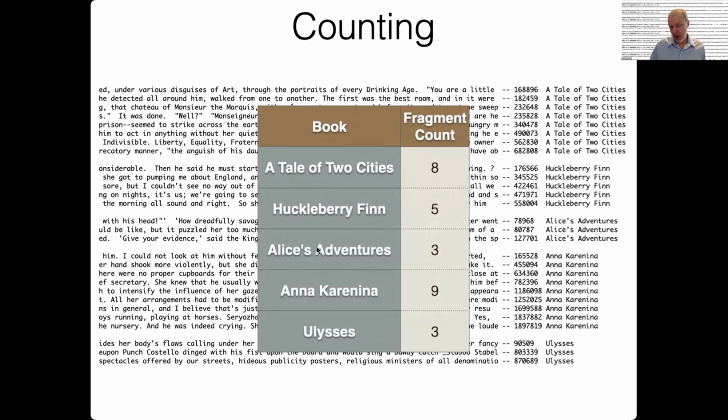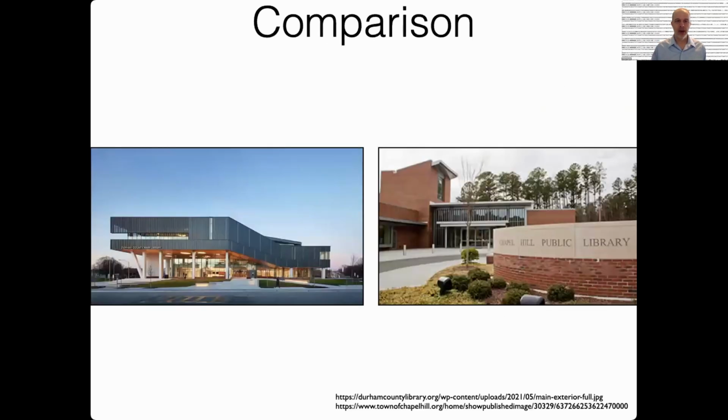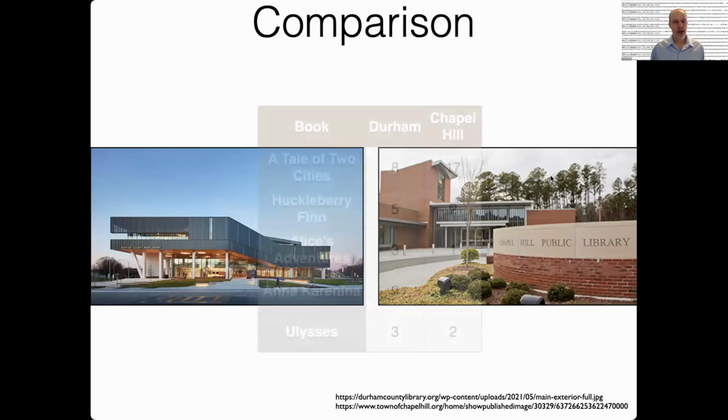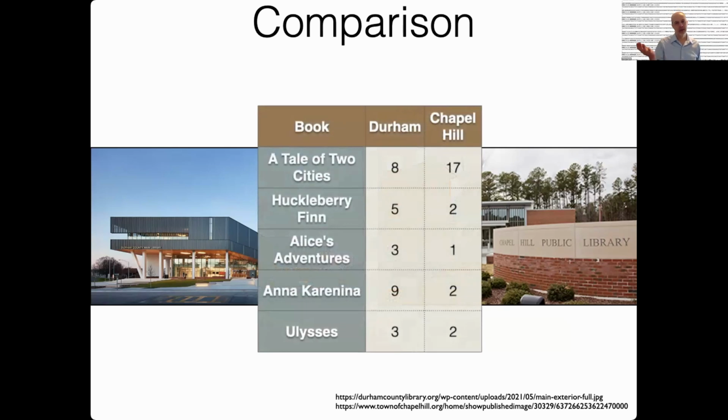So pretty much we're done, except I told you that we want to be able to compare between libraries, right? So really what I want is that table from the Durham Public Library and the Chapel Hill Public Library. And if I generate that table, I can see there are some differences here.